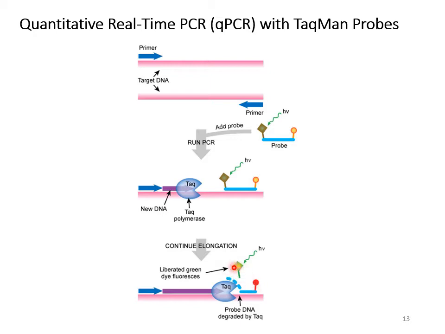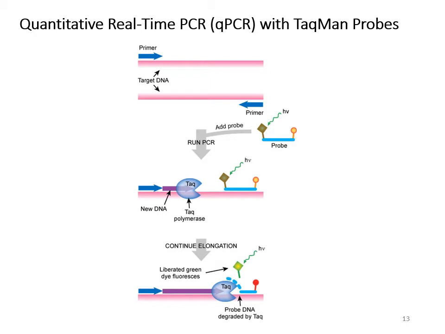The fluorophore is now floating away. It's separate from the quencher. What happens when the fluorophore is separate from the quencher? It fluoresces. Okay? So the more initial product that you have, the more template DNA you have, the more new strands will be built, the more probes will get cleaved, and the more signal you'll see. So that allows us to quantify it.